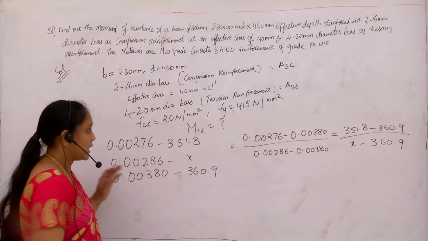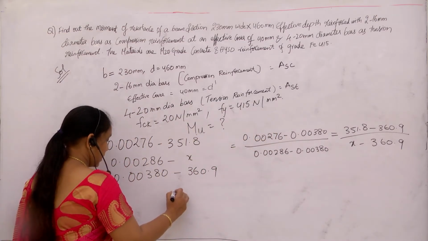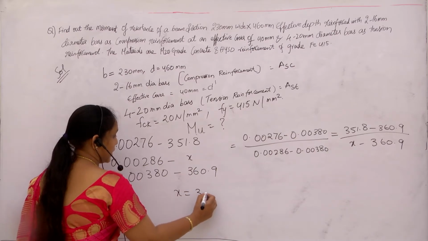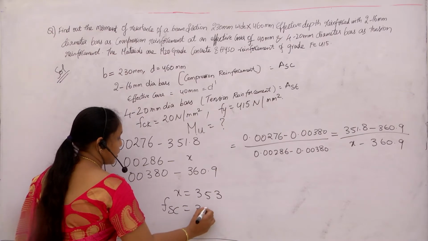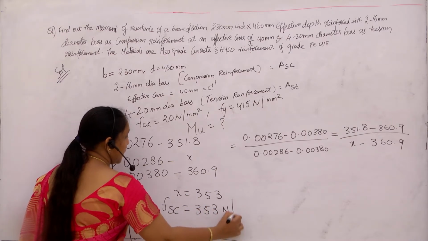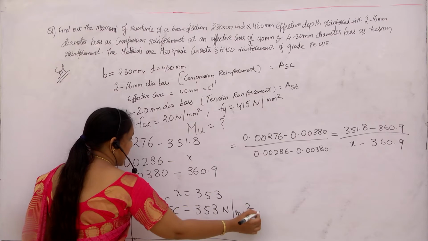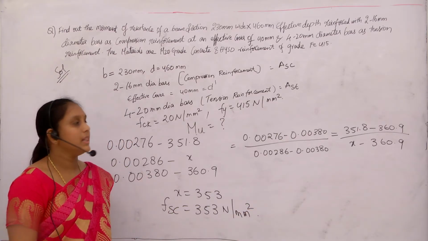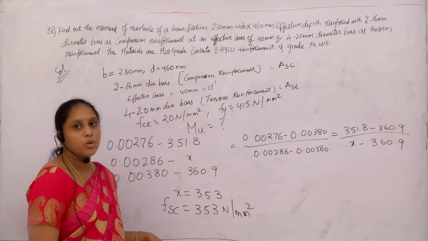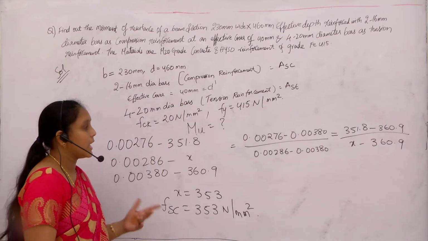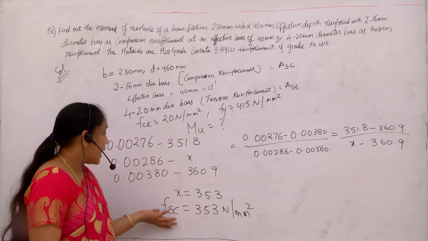If you solve this equation, you will get the value of x as 353. That is, the fsc value you are going to get is 353 Newton per mm square. Or you can also calculate the fsc value from the d dash by d value. In any method you can calculate the fsc value.